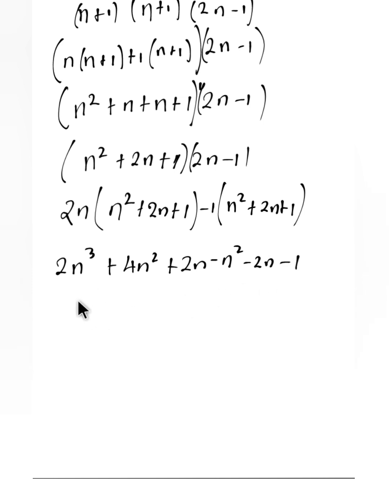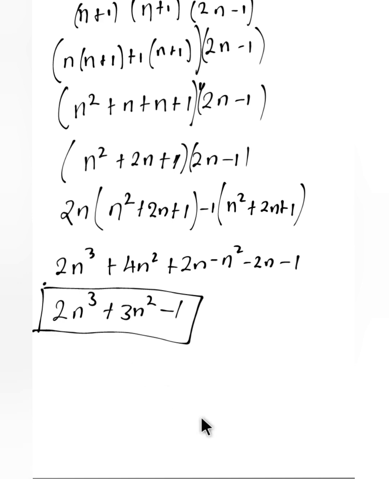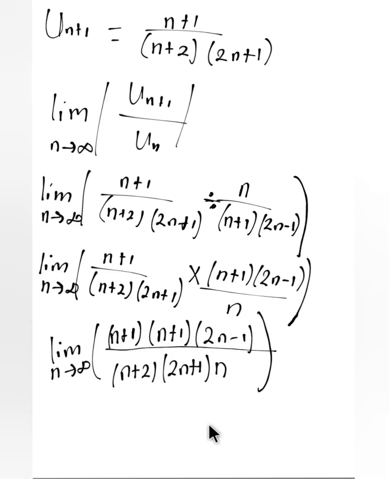So we'll take like terms now. 2n cubed. 4n squared minus n squared is 3n squared. Then plus 2n minus 2n is 0. So 2n is out of it. We're left with minus 1. So this is for the numerator, the top part of the equation. The top part of this equation is what we just solved.